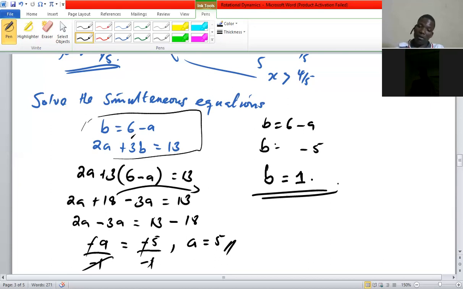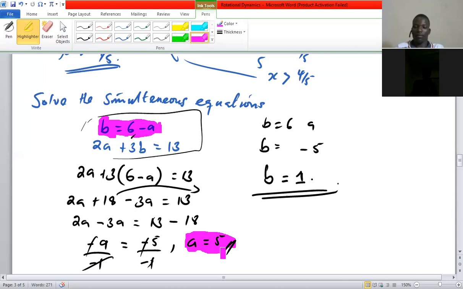Have you seen equation one? Oh, yes, I see. So we have 6 minus A, and the A we found to be equal to 5. So 6 minus 5 is 1, and then we got 1.